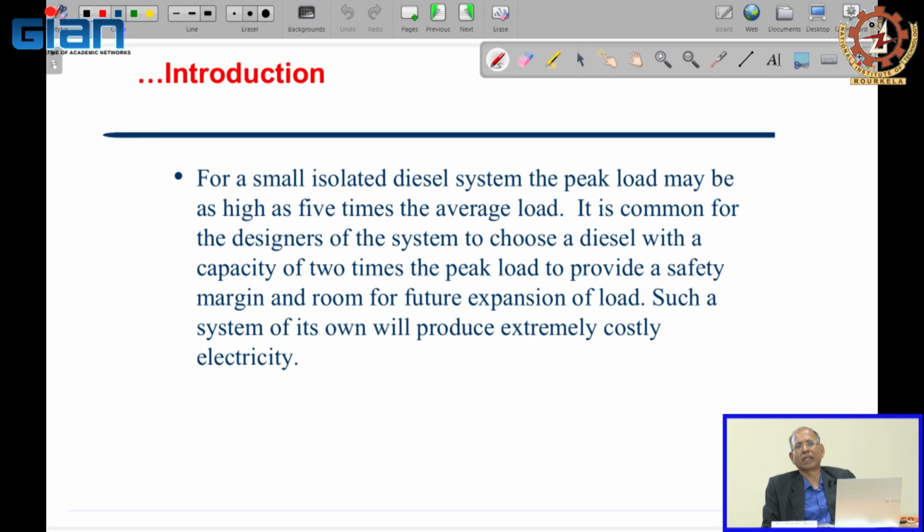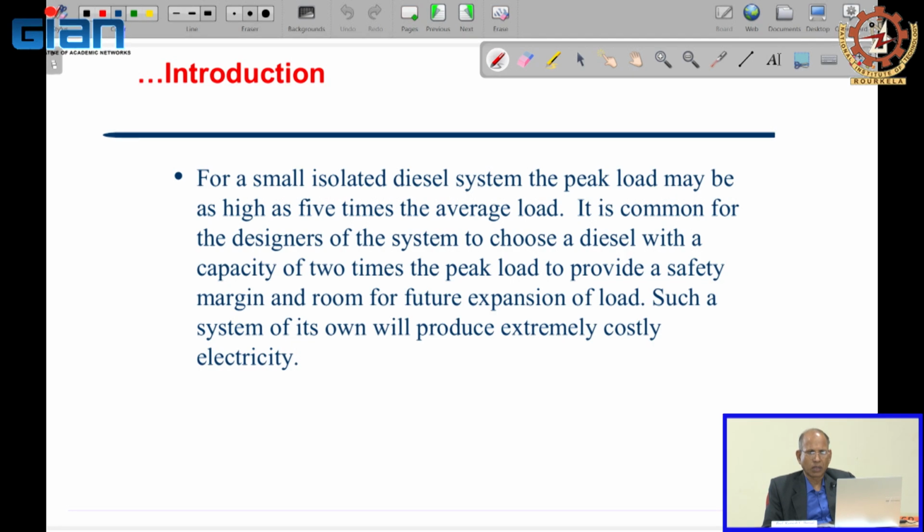Now, interestingly, the book I mentioned, the design of wind diesel hybrid power system, very nicely mentions this point: when we have an isolated power system, the peak demand could be significantly higher. The book states that it could be 5 times the average load.